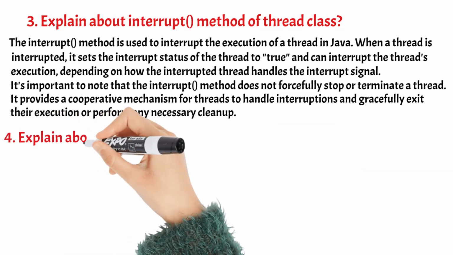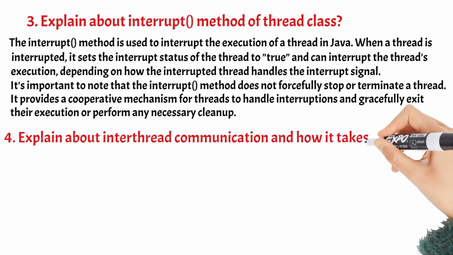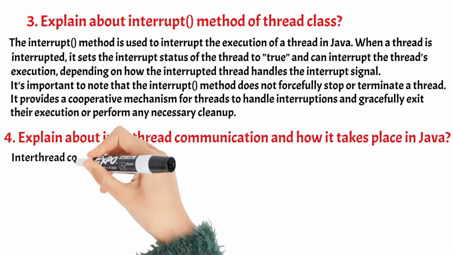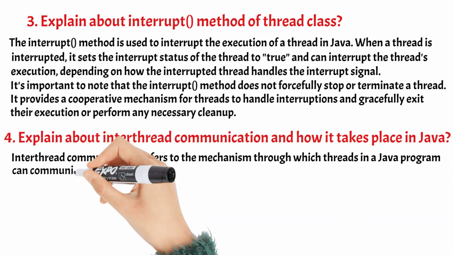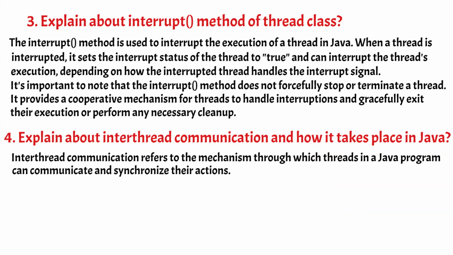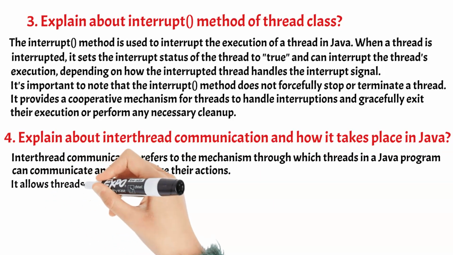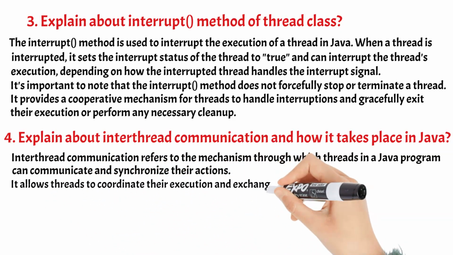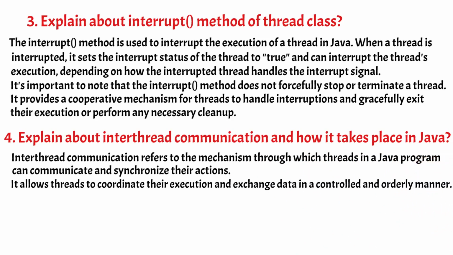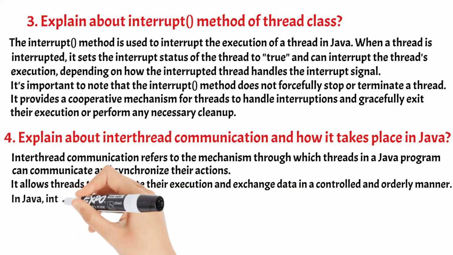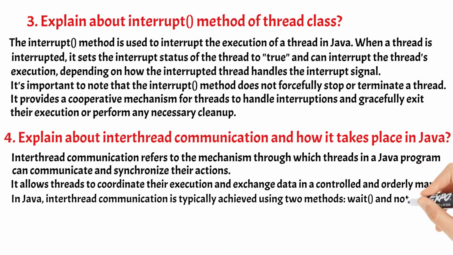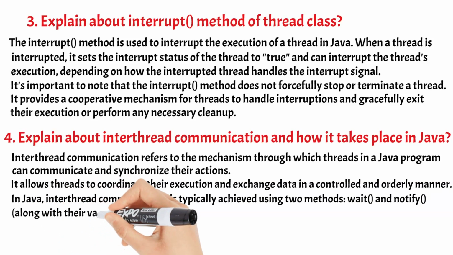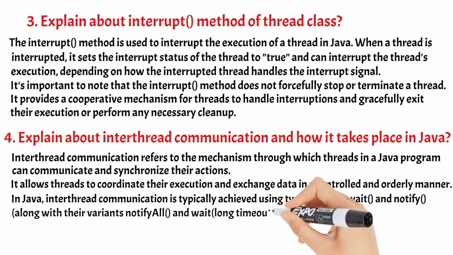4. Explain about interthread communication and how it takes place in Java. Interthread communication refers to the mechanism through which threads in a Java program can communicate and synchronize their actions. It allows threads to coordinate their execution and exchange data in a controlled and orderly manner. In Java, interthread communication is typically achieved using two methods: wait and notify, along with their variants notifyAll and wait(long timeout). 1.